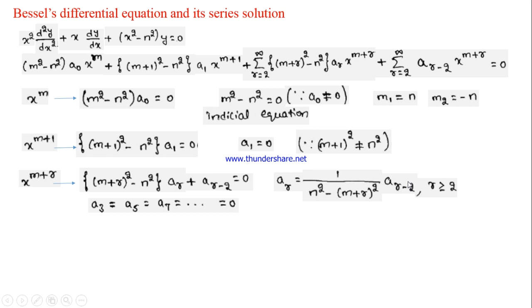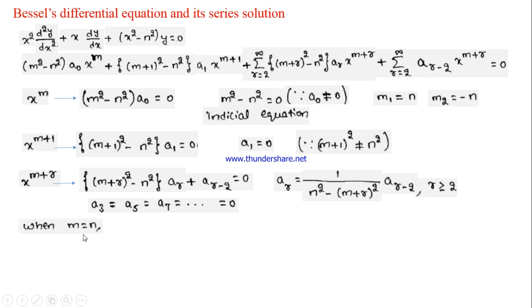So we are supposed to find only a2, a4, a6, a8 and so on. Now to do this, since this depends on both m and n, and we know that m takes two values, n and minus n.